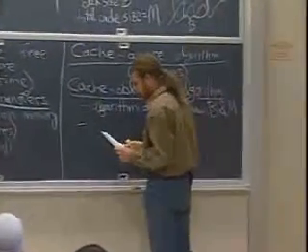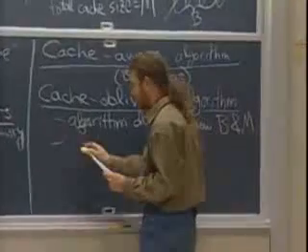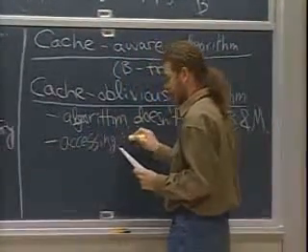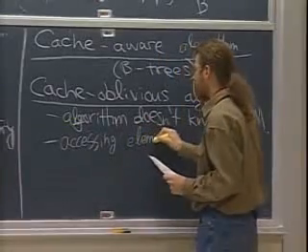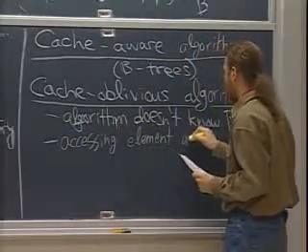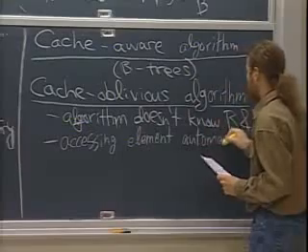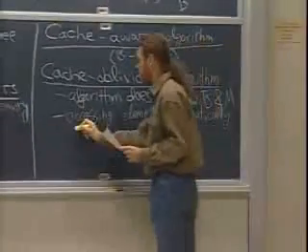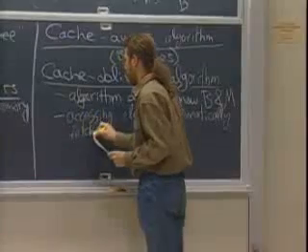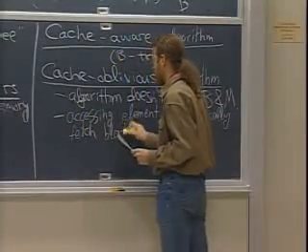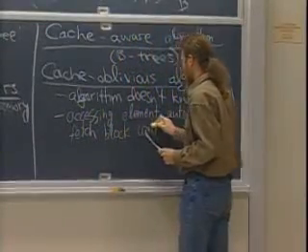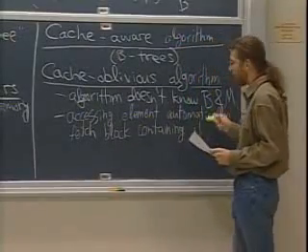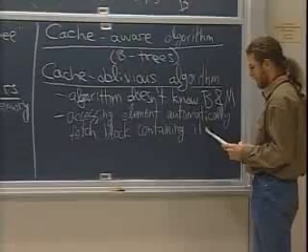So it's a pretty reasonable model. In particular, when you access an element that's not in cache, you automatically fetch the block containing that element, and you pay 1 memory transfer for that, if it wasn't already there.